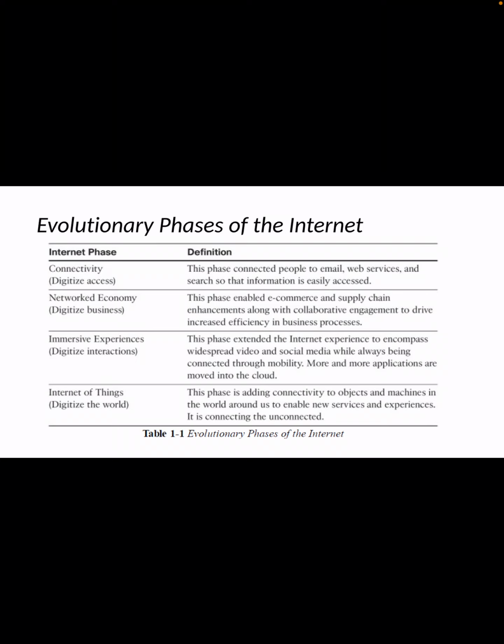And the internet of things digitizes the world. This phase is adding connectivity to objects and machines in the world around us to enable new services and experiences. It also tells about how to connect unconnected components.